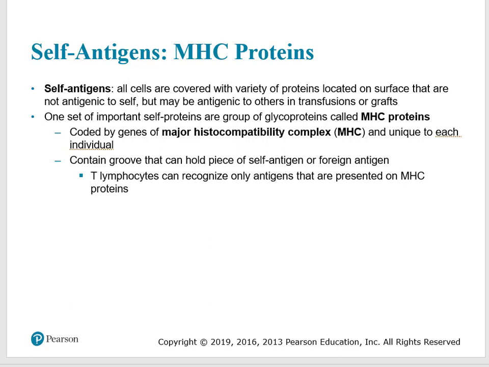So these MHC proteins are very, very unique surface proteins that you have, and they basically help us identify our self-antigens. They help our self cells to stand out from the foreign antigens if they invade our body.